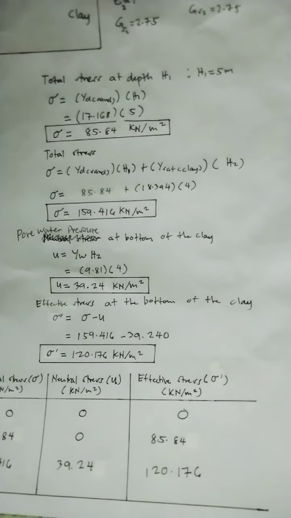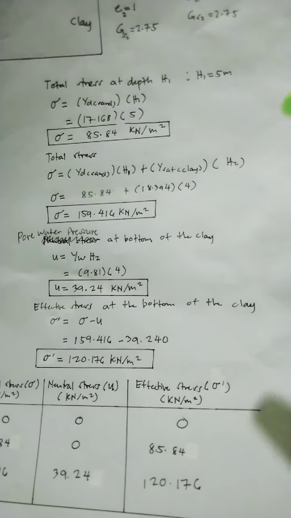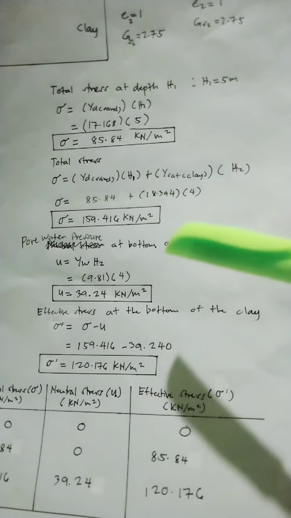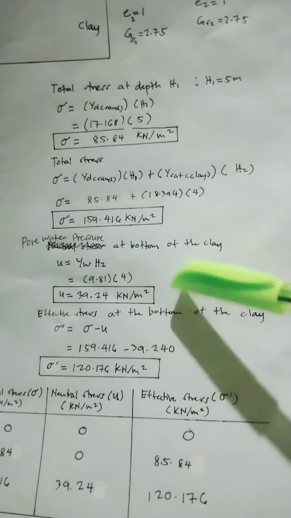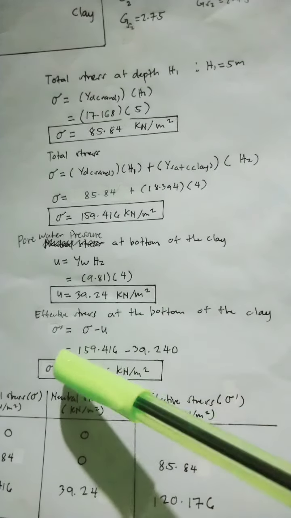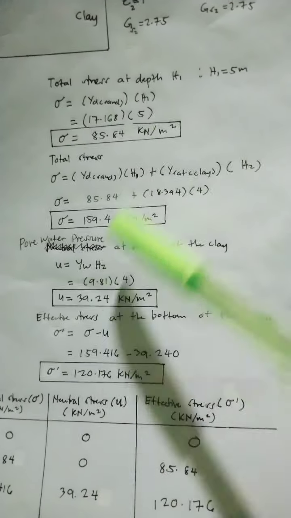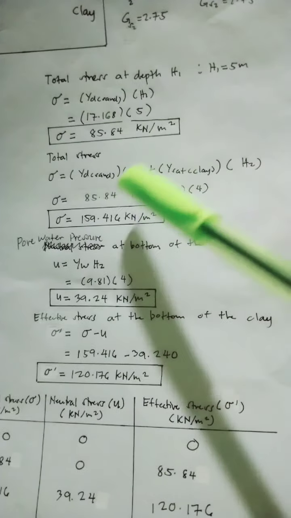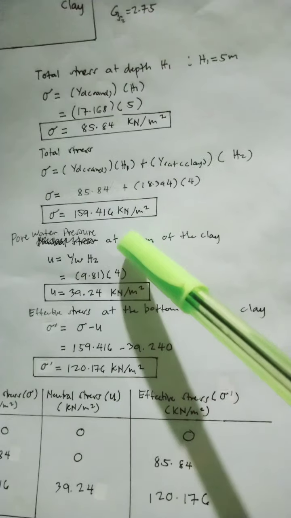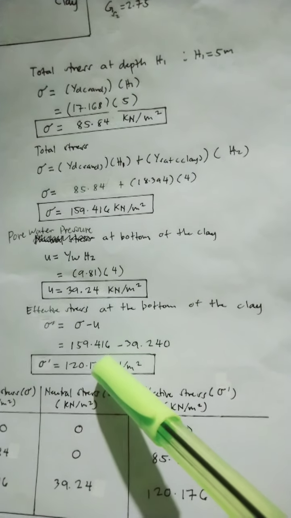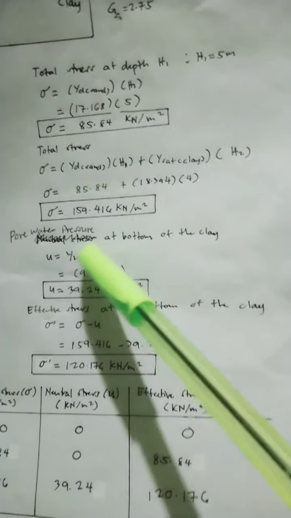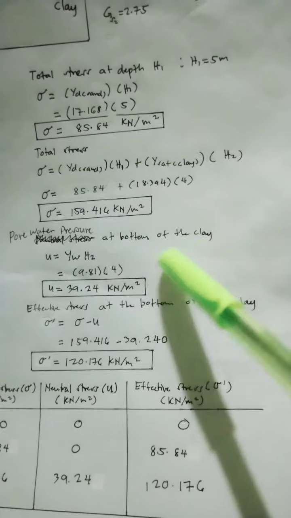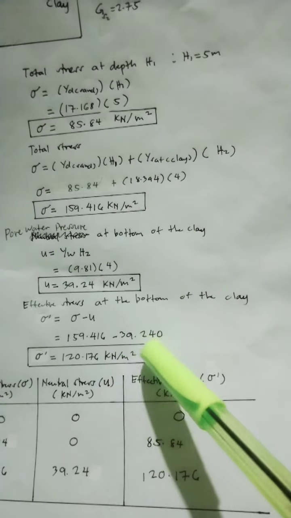And then for the effective stress at the bottom of the clay, simply follow this formula. The total stress at the bottom of the clay is equal to 159.416, and the pore water pressure at the bottom of the clay is 39.24.